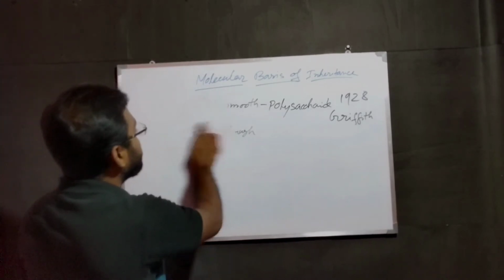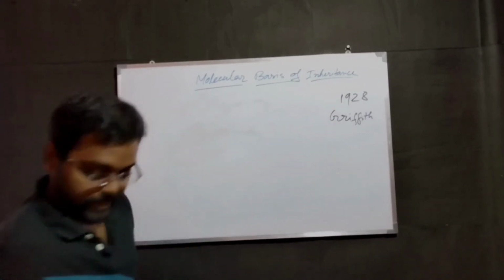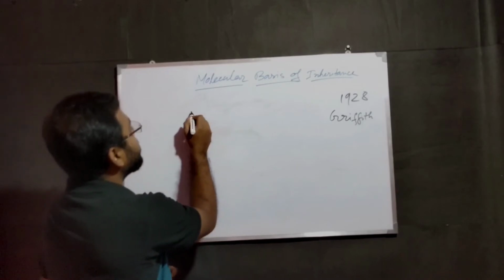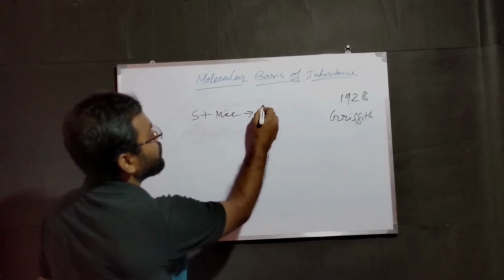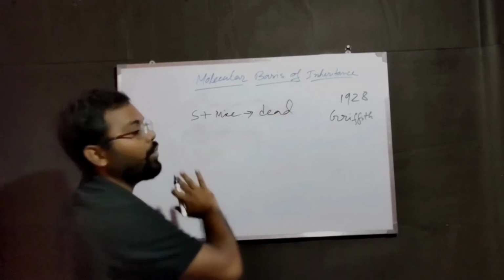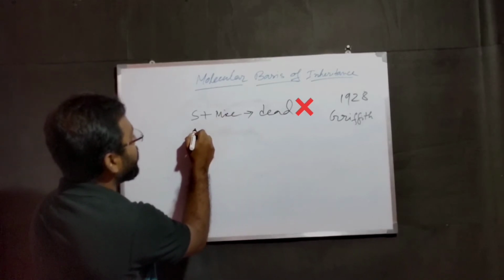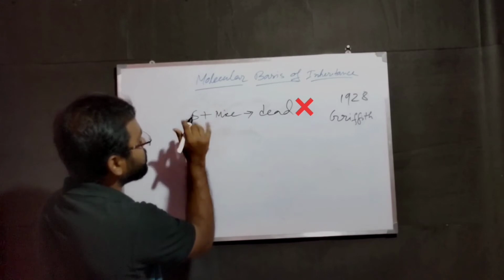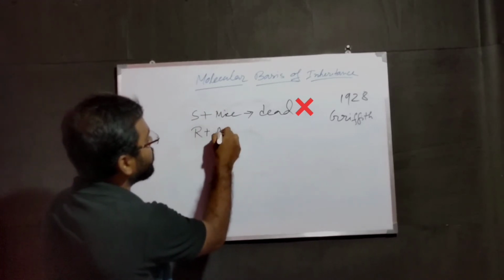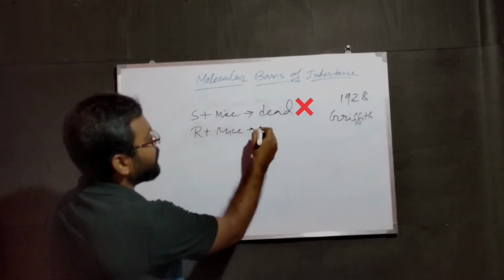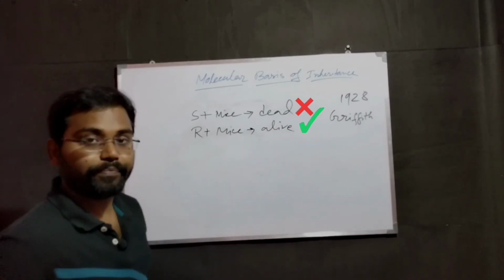Griffith injected these bacteria into mice. When he injected the S into the mice, he found all the mice were dead. When he injected the R type of bacteria strain into the mice, he found that all the mice were alive.